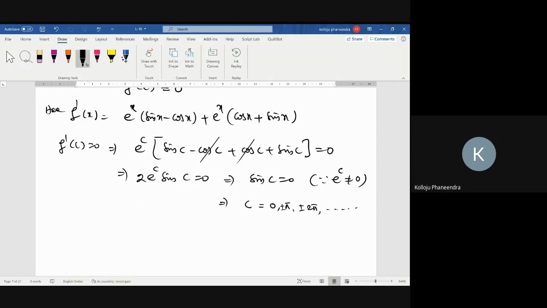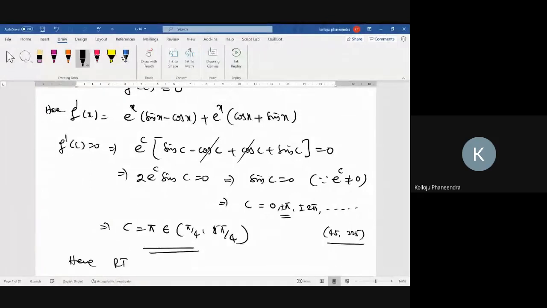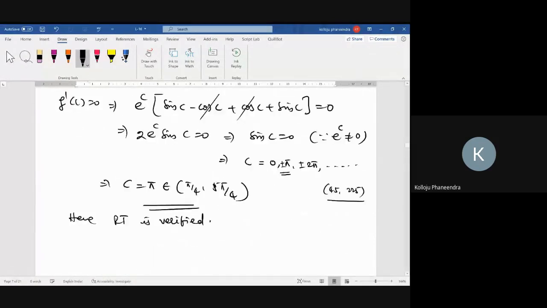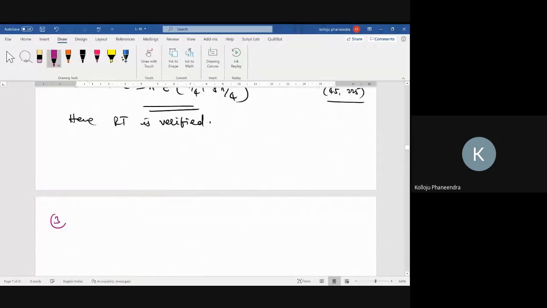And what is our interval? 45 to 225. So which value? Plus pi is there. This implies c equal to pi belongs to the interval pi by 4 to 5 pi by 4. Hence, Rolle's theorem is verified. This is one problem. And the next one, same.